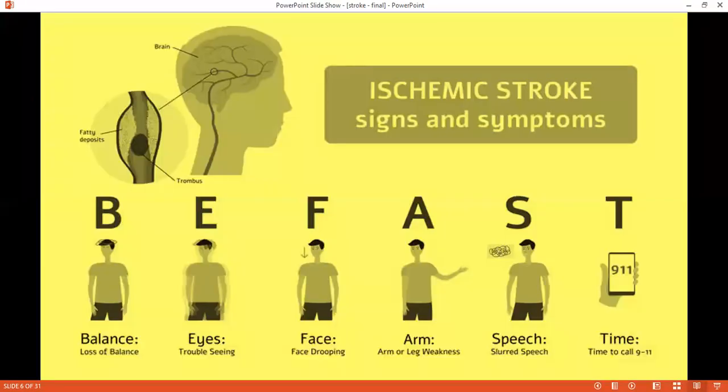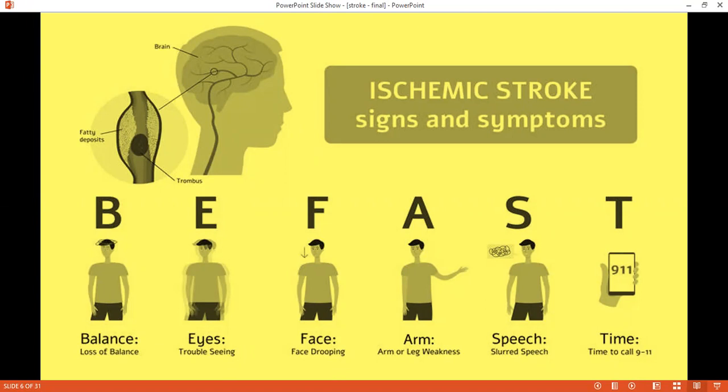Then the main symptoms, which everyone should know. Generally we call it FAST; the recent stroke information booklet calls it BE FAST. They lose balance, their eyes have trouble seeing objects, the face becomes drooping, the arm is weak, and sometimes speech may be lost.